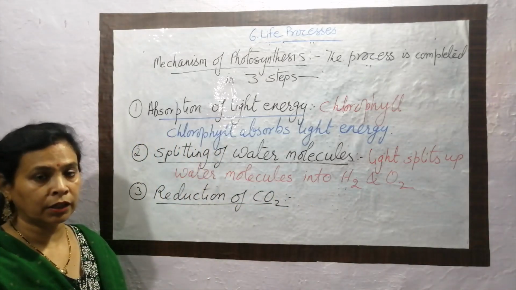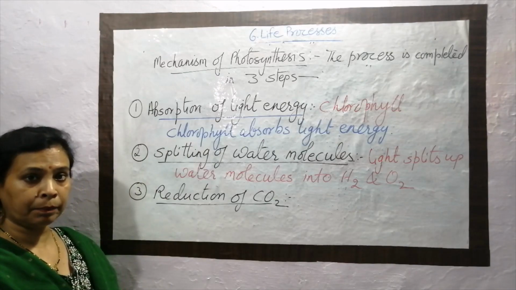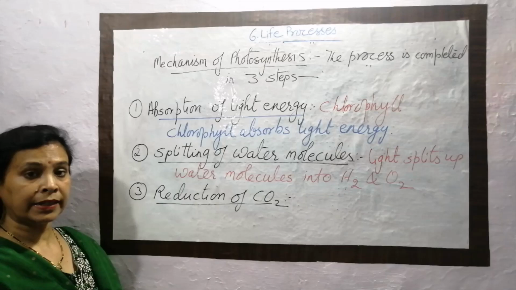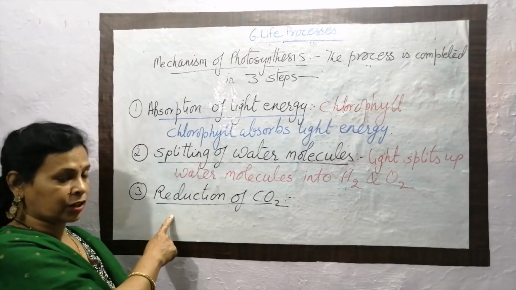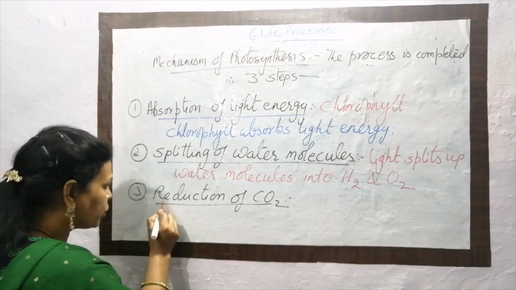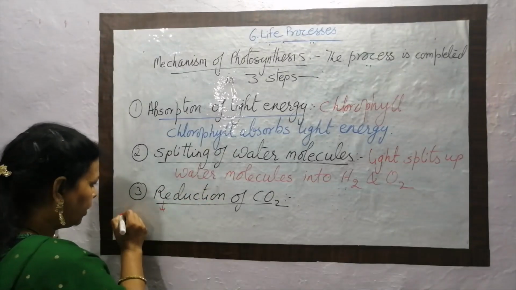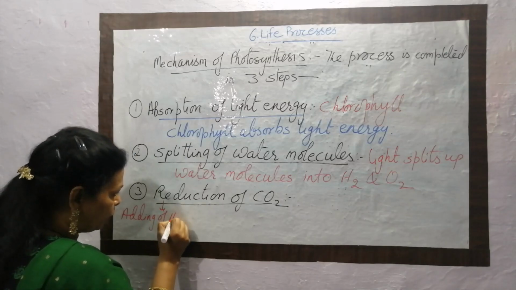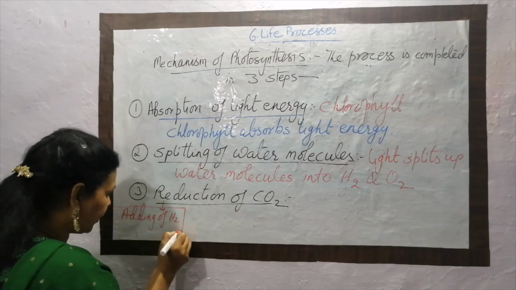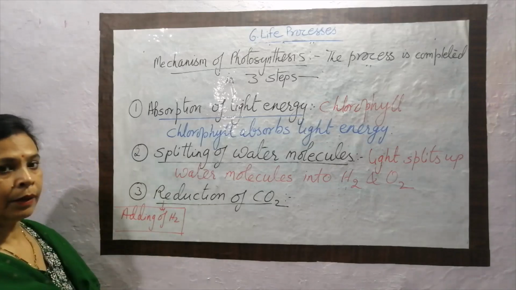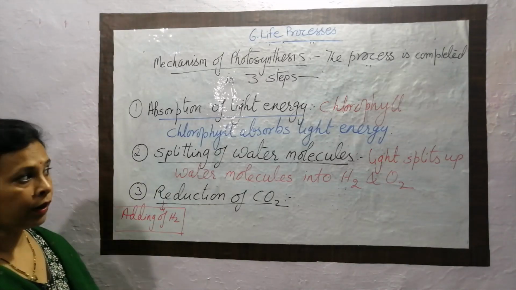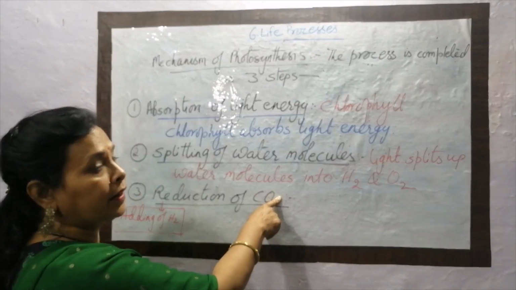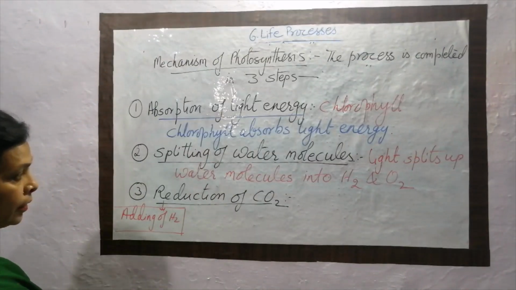One is the water, which got split here in the second step, its splitting is performed by the sunlight. Now what will happen? The second raw material is there, carbon dioxide. What is reduction? Reduction is a process of adding hydrogen. Okay? The reduction happening here, we can define simply as adding of hydrogen. So what happened? The hydrogen that was separated, split here, that hydrogen comes and gets added to it. So that is the third step.